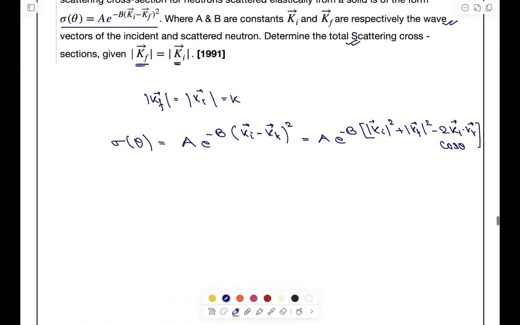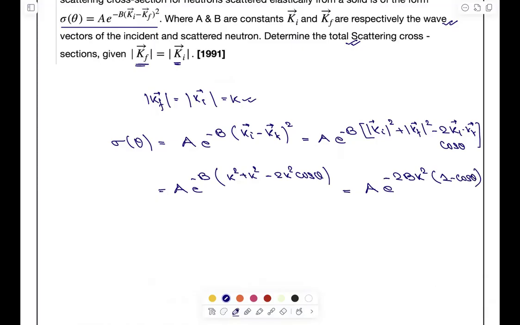If you put the values, it will come out to be a e to the power minus b (k square plus k square minus 2k square cos theta). So at last we have the result as e to the power minus 2bk square (1 minus cos theta). So this is our differential cross section area.